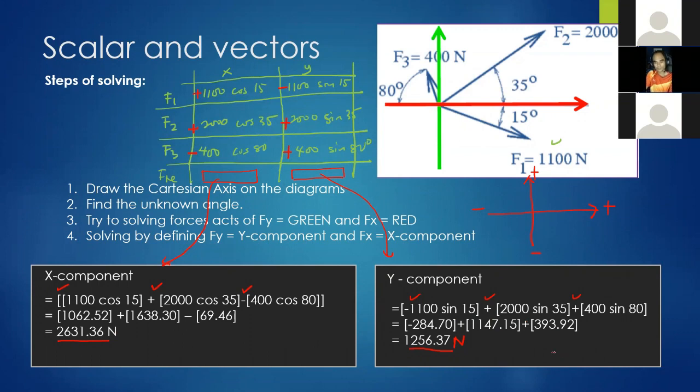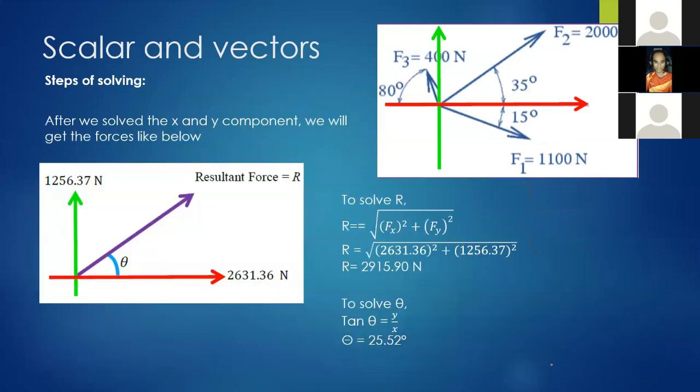Any question? I just total up everything in X and everything in Y. I assume everyone is clear, right? Narine, any question? No, sir. So I have the numbers already, 2631.36 for X, 1256.37 for Y.